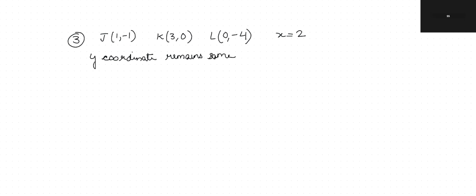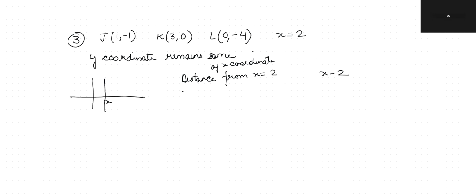Okay, so suppose this is x is equal to 2. So first we find the distance of the x coordinate from x is equal to 2. So that is x minus 2. In this case, if we take j, it will be 1 minus 2, means it is minus 1.